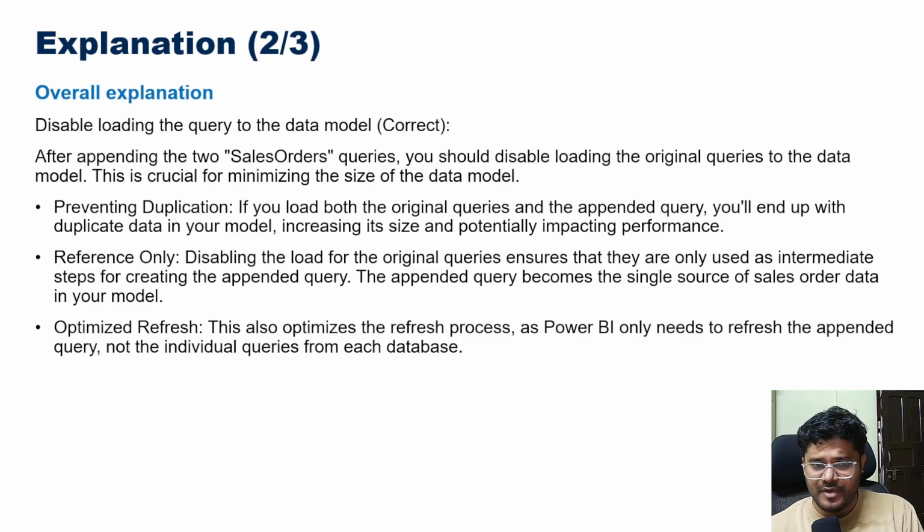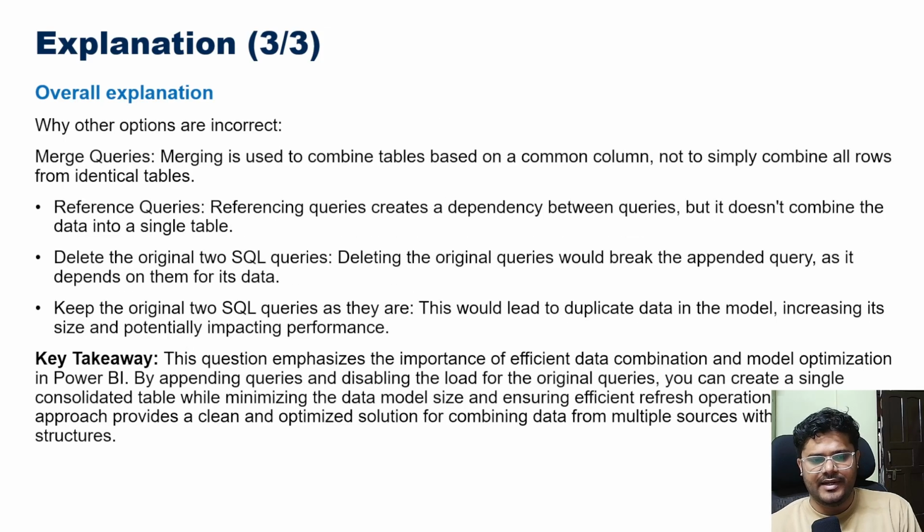Again, you can pause the video here and go through this information, absorb all of it so that you're not missing out on any small details related to this topic. The last slide covers why other options are incorrect and what the key takeaway is in terms of append queries and optimizing and efficiently refreshing your report with different data sources. So that covers the explanation part.